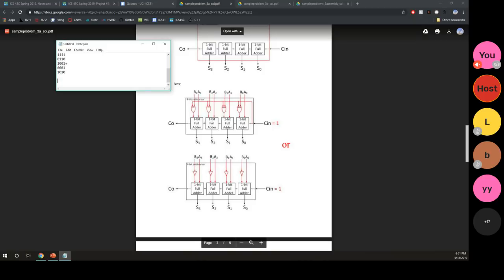And so in the end, you're left with 1 1 1 1. And then from there, you just add these two together, and that would be your answer. And yes, it still can overflow, and that's what your C out is. It's your carry out if it overflows.